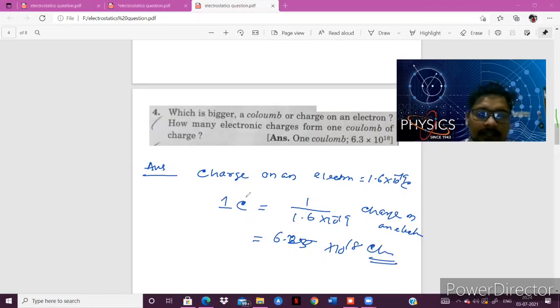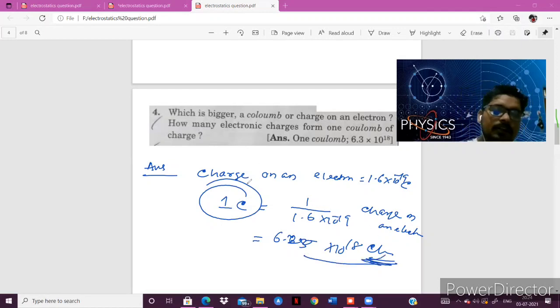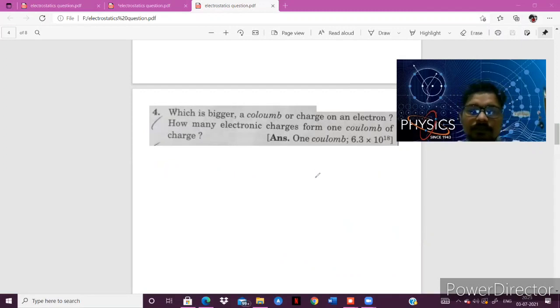So 1 coulomb is much greater than the charge on 1 electron. Clear?